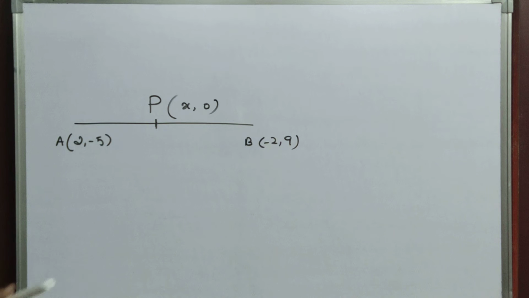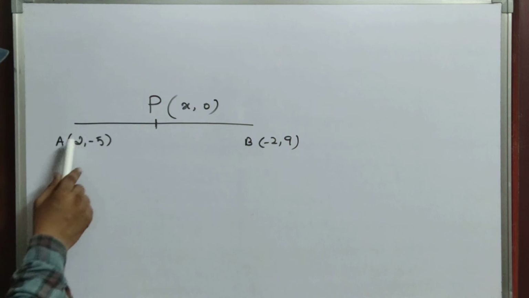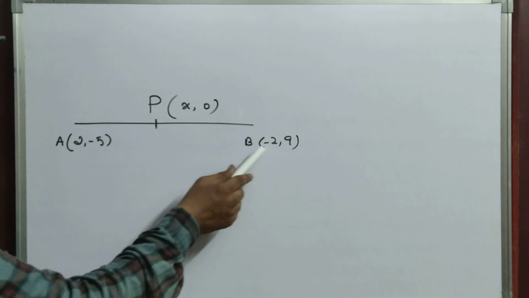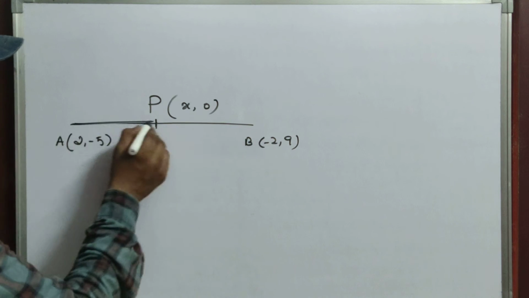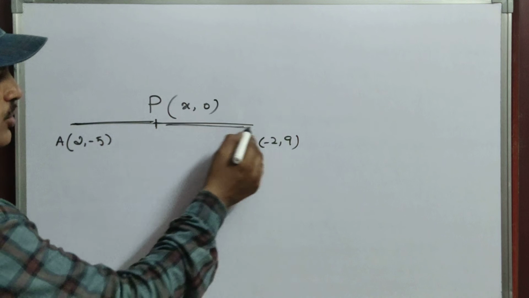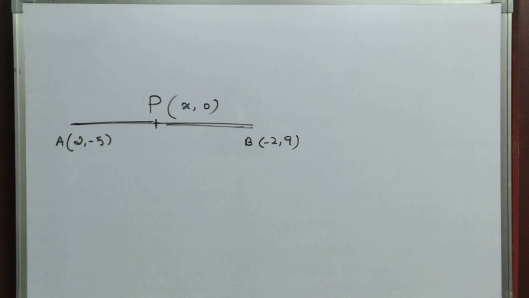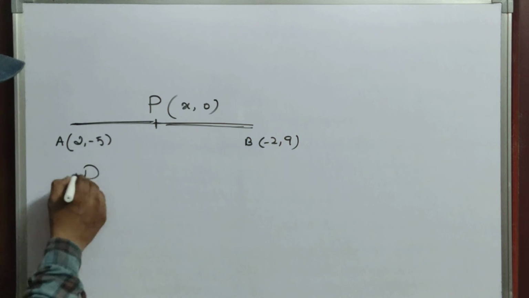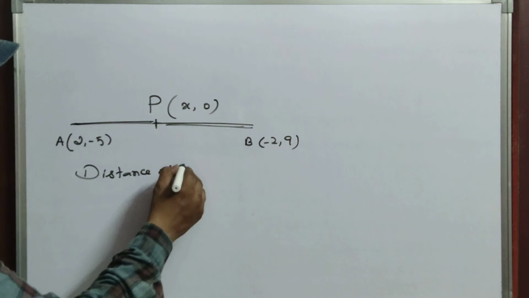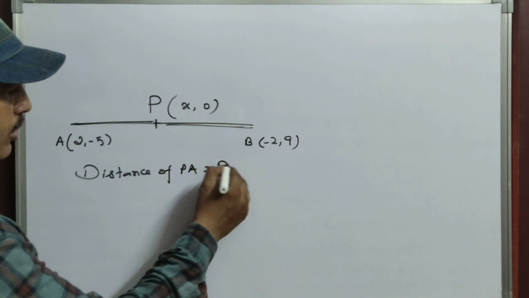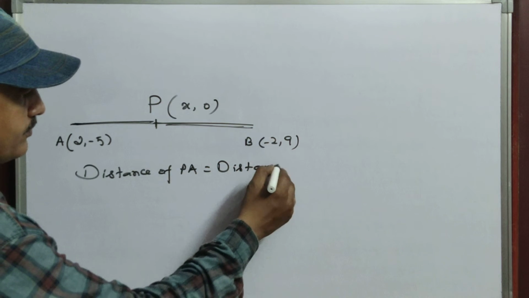That means P is equidistant from A (2, -5) and B (-2, 9). That means the distance of PA equals the distance of PB.